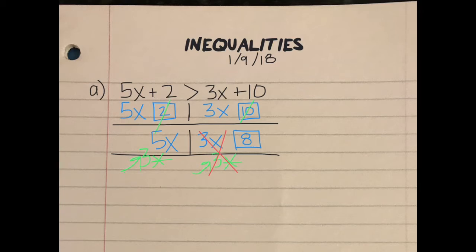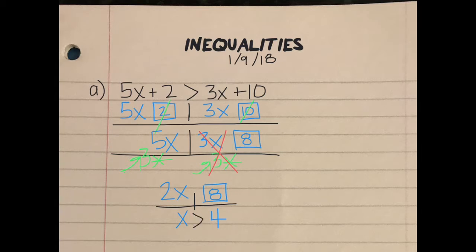I will be left with 2 x's on the left and my 8 on the right, which makes my x, I'm going to go back to the top and double check, greater than 4. I need to copy that symbol just as it was up above.